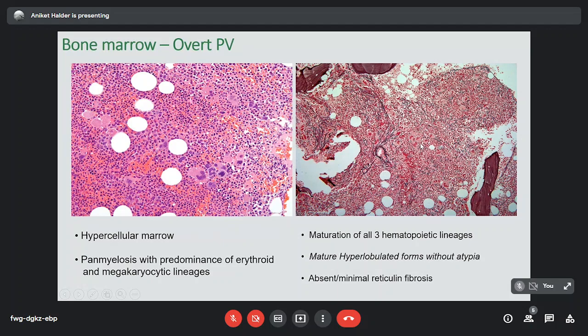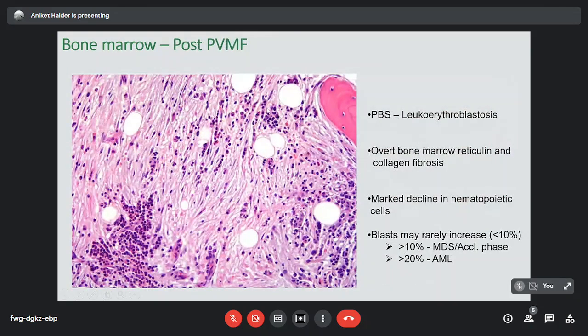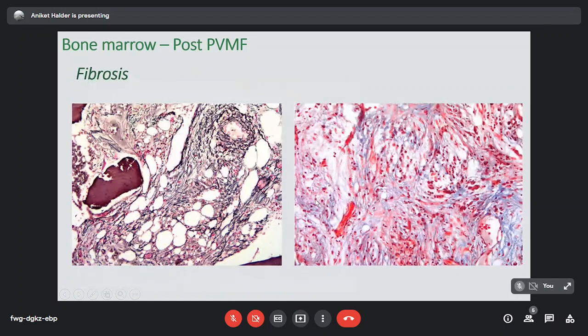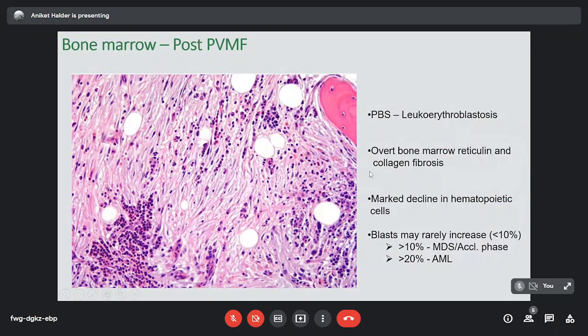So this is a picture of a post-polycythemia vera myelofibrosis, in which we can see a bone marrow which has been replaced by an extensive amount of fibrosis with intersecting fibrosis, and there is also a marked decline in the hematopoietic cells. If we do a peripheral blood smear, we can often find leukoerythroblastosis. That is, we will find different myeloid precursors, and also nucleated RBCs in the peripheral smear.